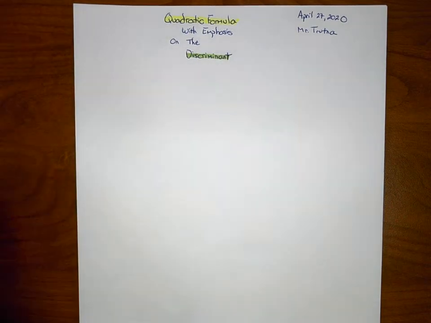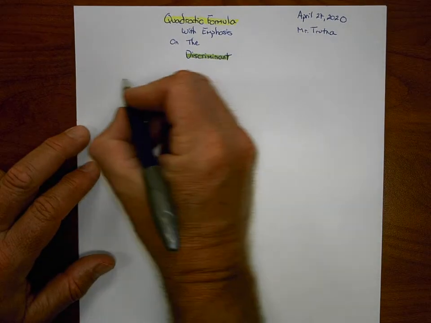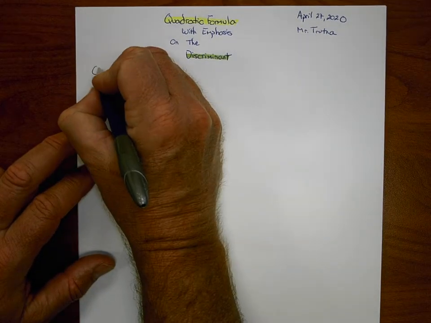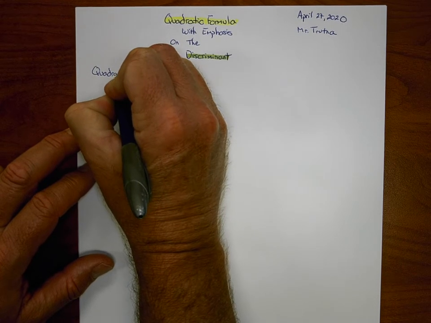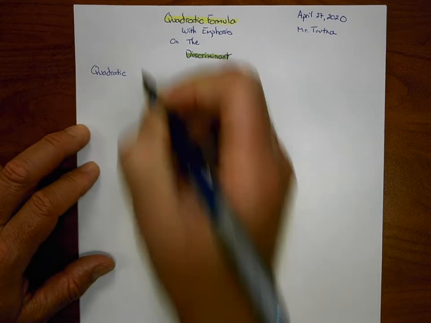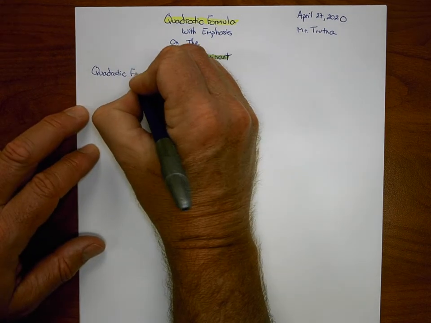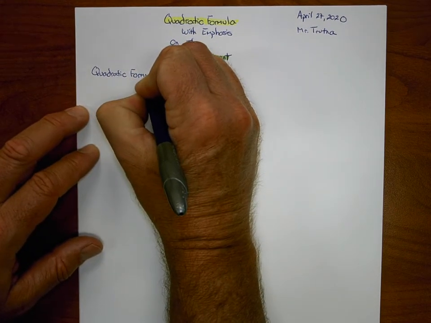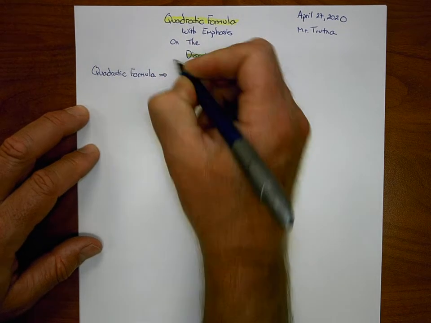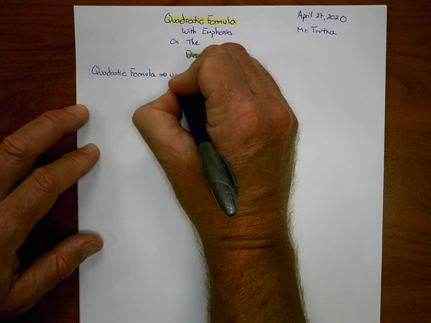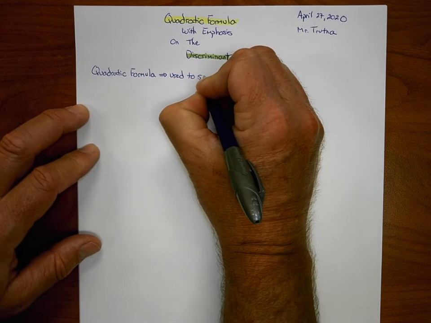Okay, so let's jump right into this and talk about what the quadratic formula is. There is a formula in math, probably one of the more well-known formulas, called the quadratic formula, and I'm going to tell you what it is in a second. The quadratic formula is used to solve a quadratic equation.